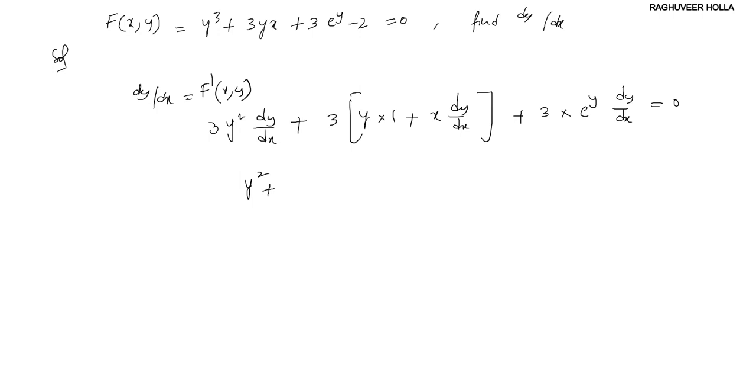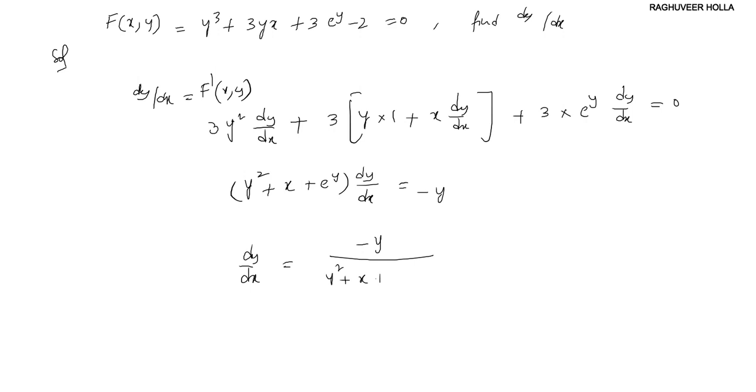since with respect to x, which is equal to 0. Okay, so let us take dy by dx common, so we get (y square plus here 3 can be removed, y squared plus x plus e to the power of y) multiplied dy by dx, which is equal to minus y.